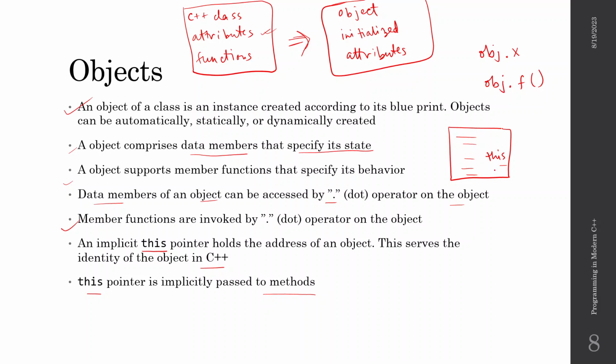It points to the address of the current object, so it holds the address of the object. If we require the address of the object, then we can use this pointer, and the pointer is implicitly passed to all the methods. So even inside a function we can use this pointer.